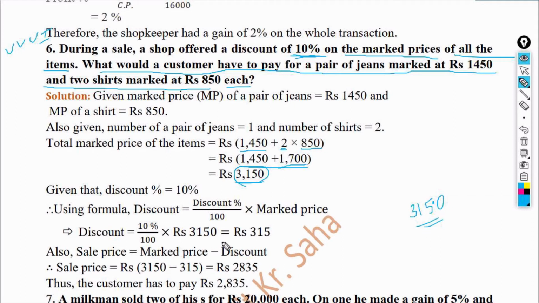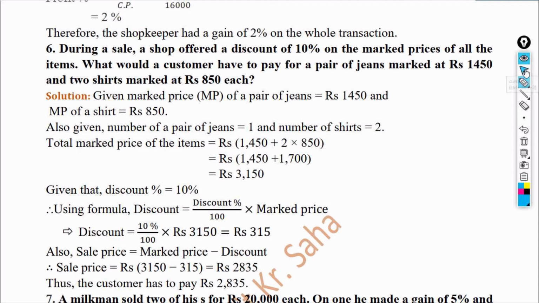After calculation you will get rupees 315, and find the selling price after discount, that is rupees 3150 minus 315 is rupees 2835. Thus customer has to pay rupees 2835.